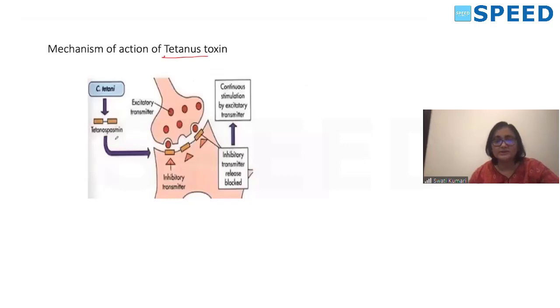Tetanus toxin, which is tetanospasmin, blocks the release of inhibitory transmitter, so there will be continuous stimulation by excitatory transmitter, a constant excited state.